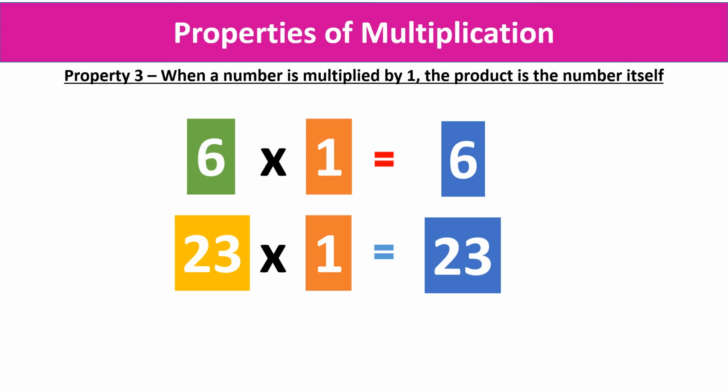The same way, if you multiply any number with 1, you will get the answer as the number itself. So this is the third property. When a number is multiplied by 1, the product is the number itself.